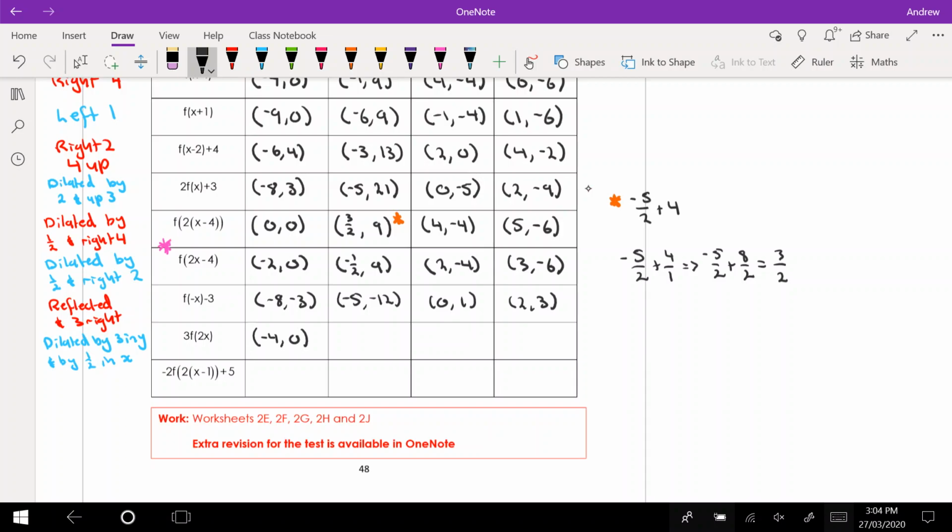That's going to be -5/2, 27. That's going to be 0, -12. That's going to be 1, -18. We figure out what we do to each coordinate, and then you just do it to that coordinate. Dilating by a half means you divide it by 2. Dilating by 3 means you times it by 3.